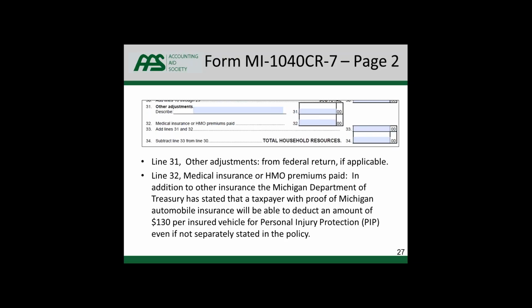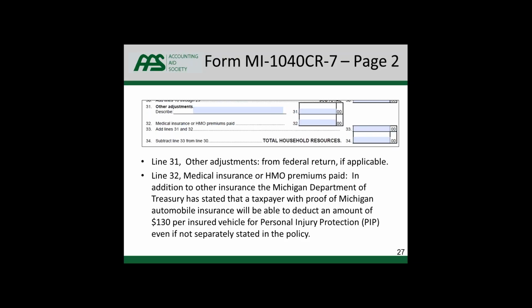Now you want to be careful to look for that. Many seniors, for example, may have supplemental coverage that they're paying for. You want to give them credit for that, reduces total household resources, bigger credit.